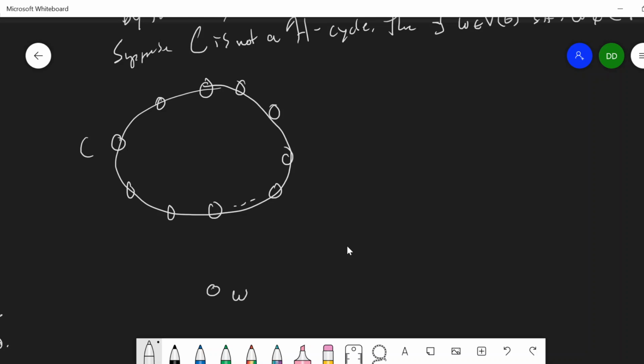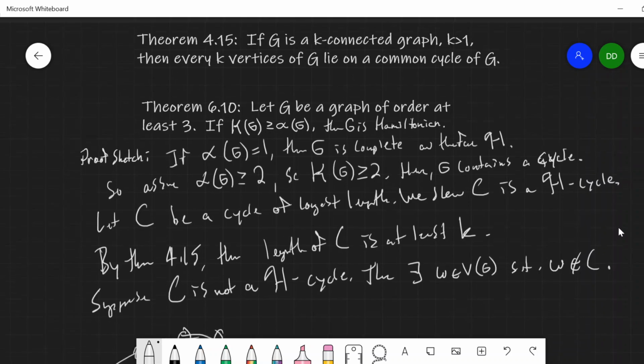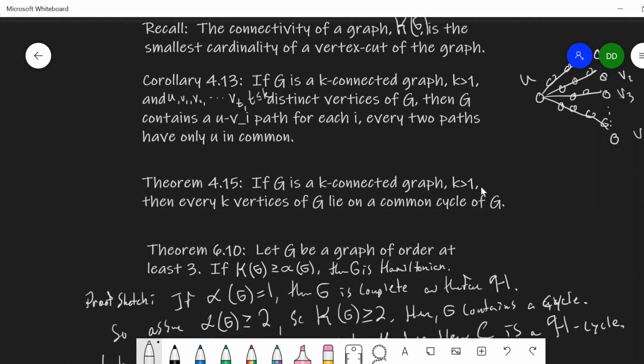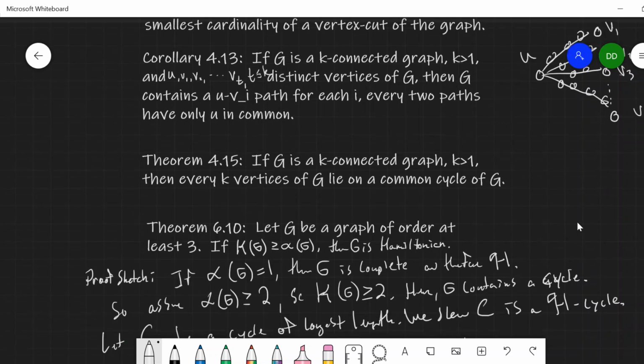Okay, so by corollary 4.13, since G is K-connected, I can choose W and then K other vertices on the cycle and find these paths from W to these K other vertices on the cycle.